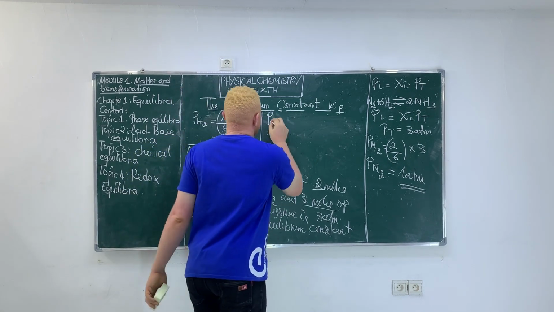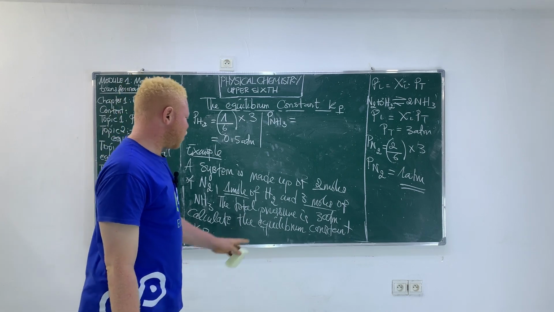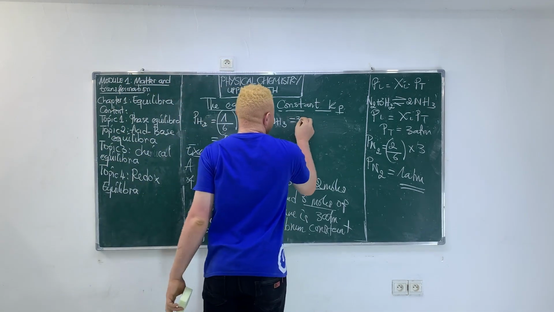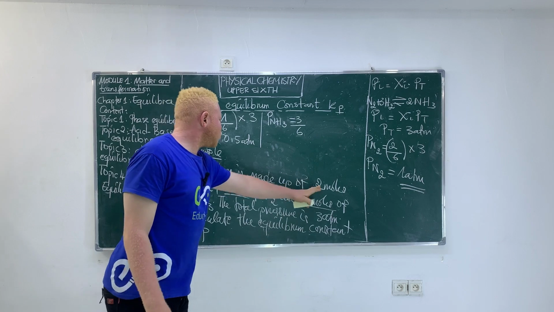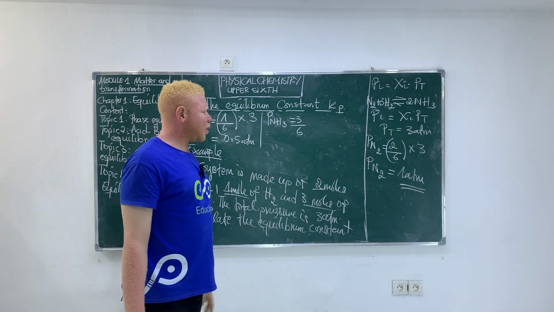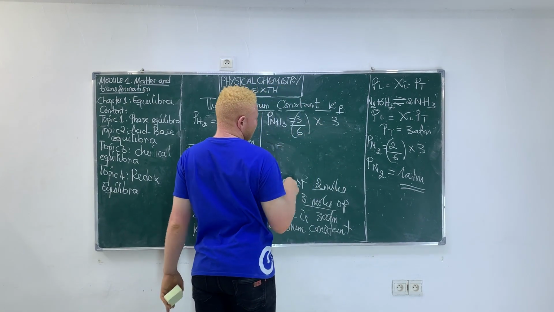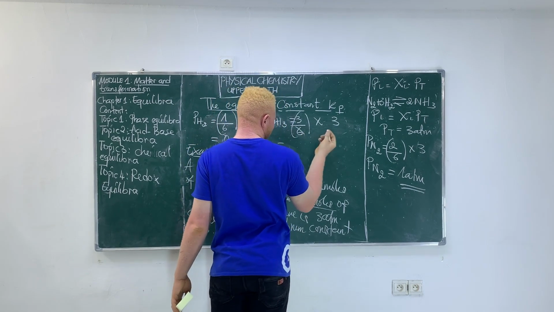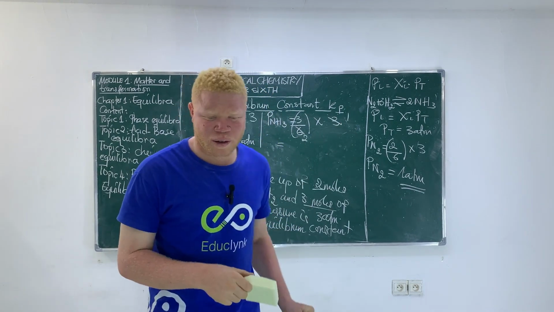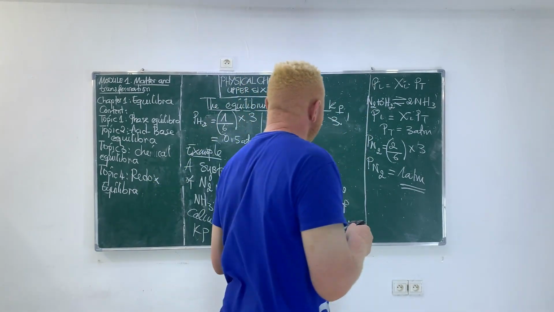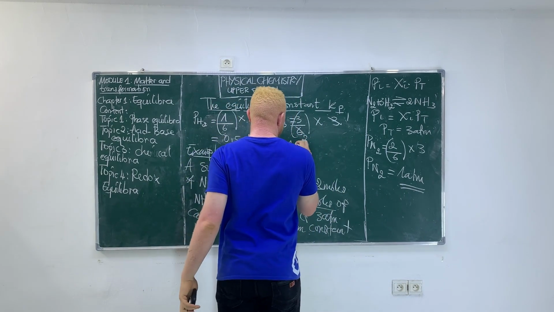The pressure of NH3 is the number of moles, which is 3 for NH3, divided by the total number of moles, which is 6. Why 6? Because 2 plus 1 is 3, plus 3 is 6. Times the total pressure, 3. So the 3s cancel, giving 3 over 2. Punching in the calculator, 9 divided by 6 is 1.5 atmospheres.